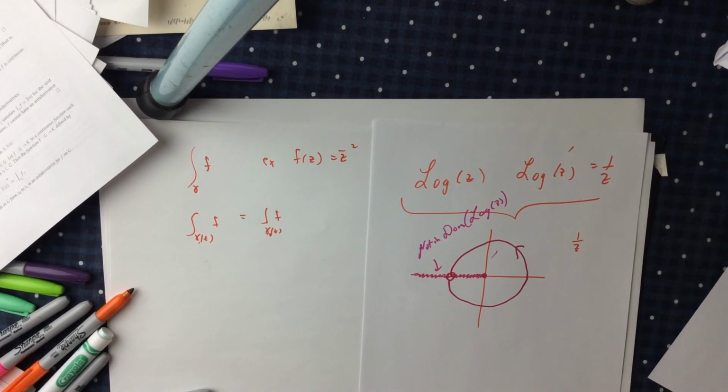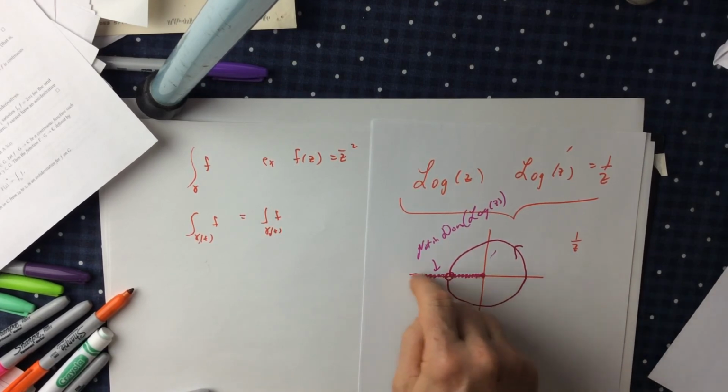It is no longer a derivative of log z in the region in which it was defined for that path. So you really want to know, when you take antiderivatives, the domain over which something is defined. 1 over z only has a problem at 0. Log of z in the reals only has a problem at 0. But in the complex plane, it has a greater problem. It has a problem all over here.